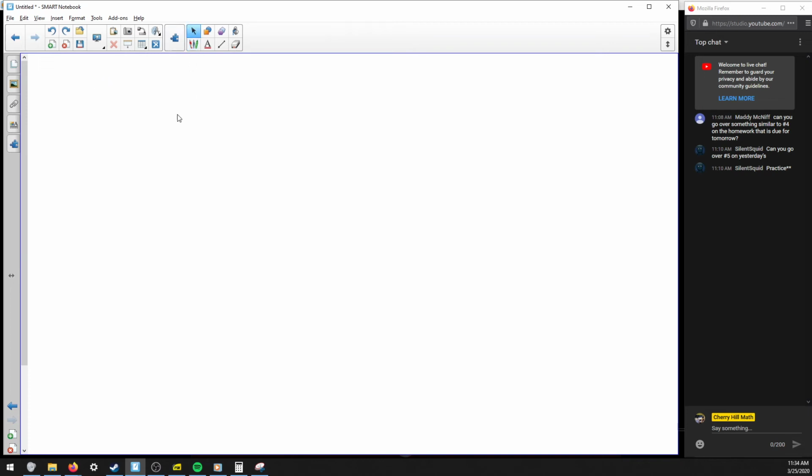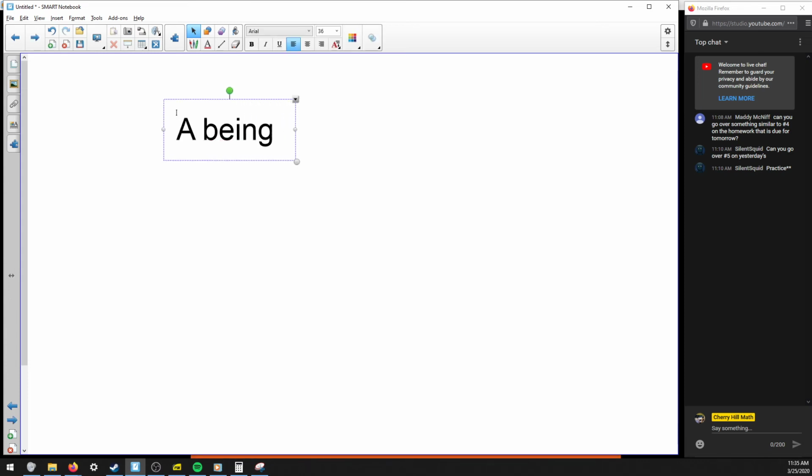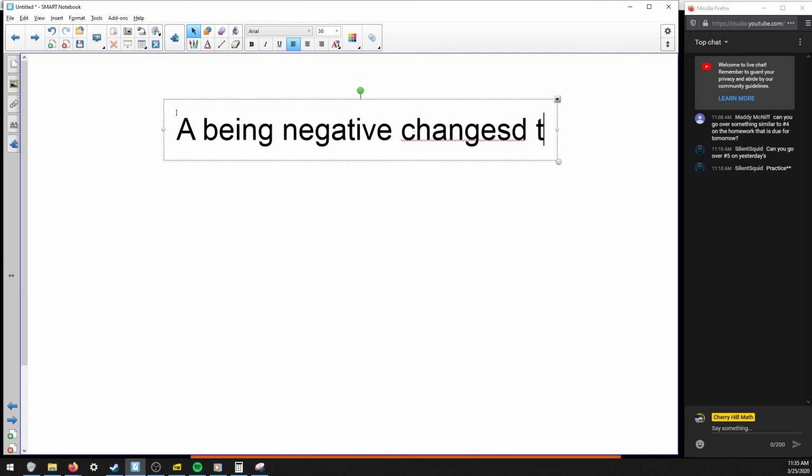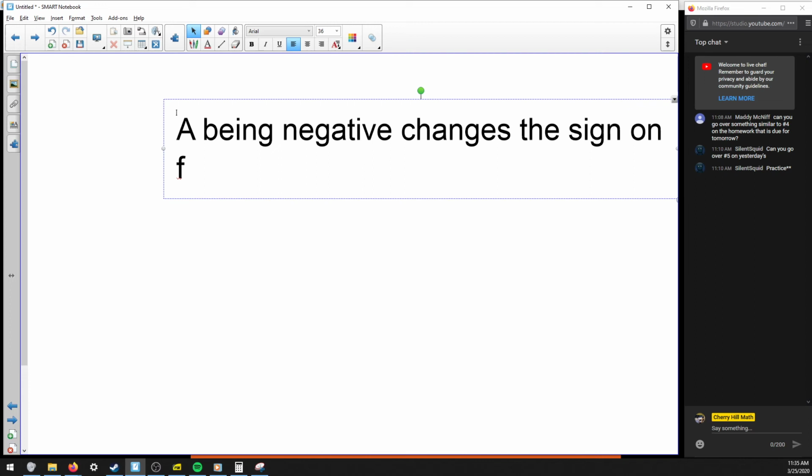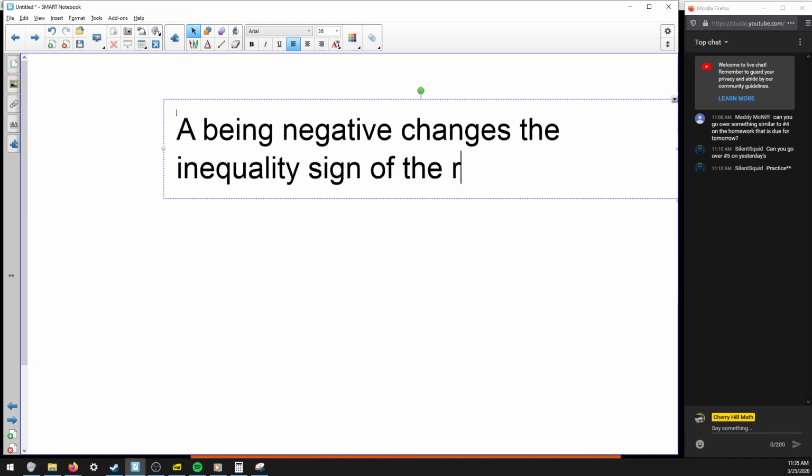So we said, and I'm going to type it out because I can't write this well with my little tablet thing, okay? A being negative changes the inequality sign of the range, right?